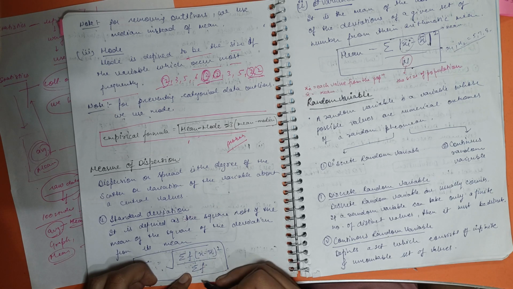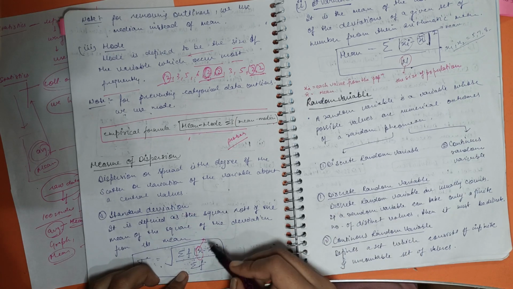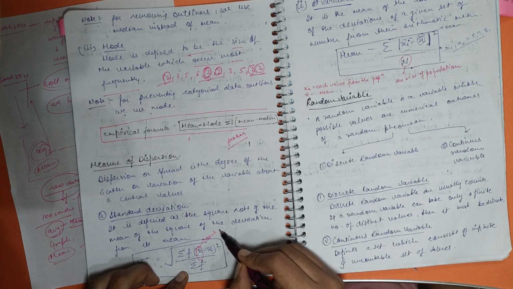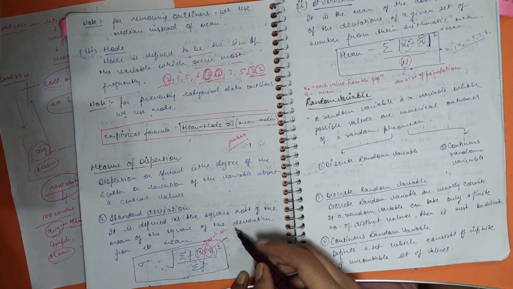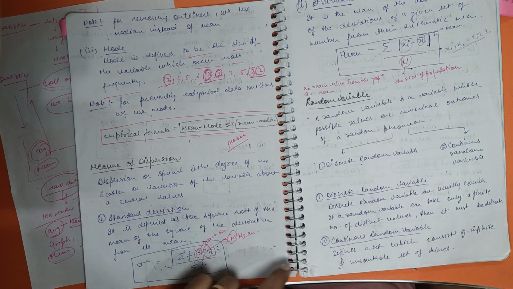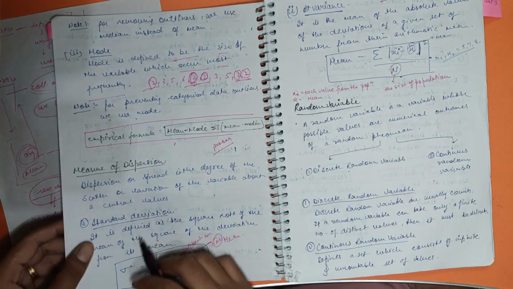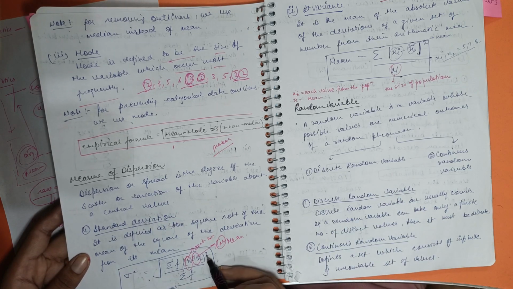Here x is each value from the population, and x bar, you can take x bar as mu. It is the mean. So standard deviation is the square root of the mean of the squared deviations from the mean.